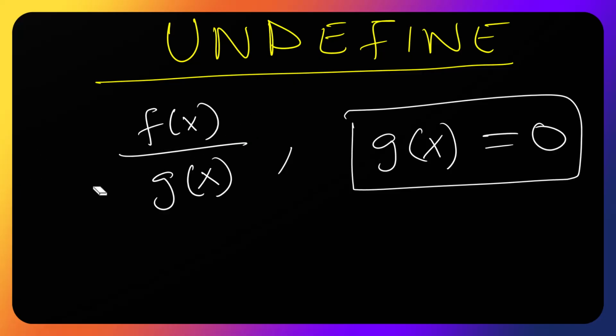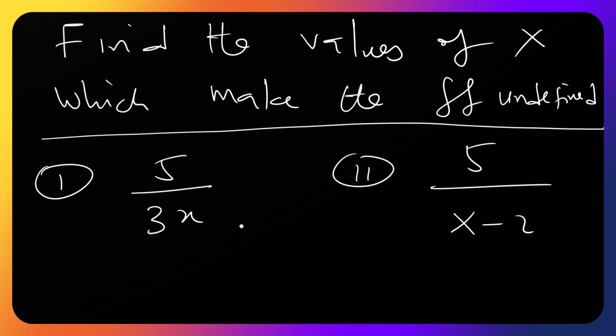All right, so let's look at example 1 and see how best we can. We have to find the values of x which make the following undefined. Remember, for an algebraic expression to be undefined, the denominator should be equal to 0.